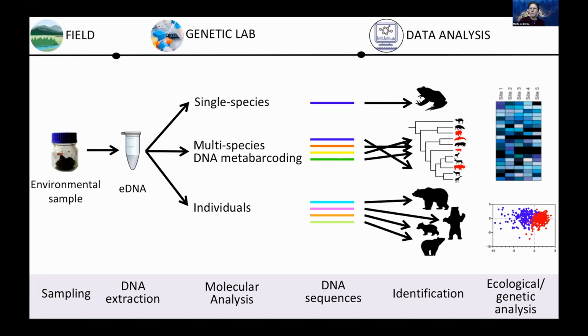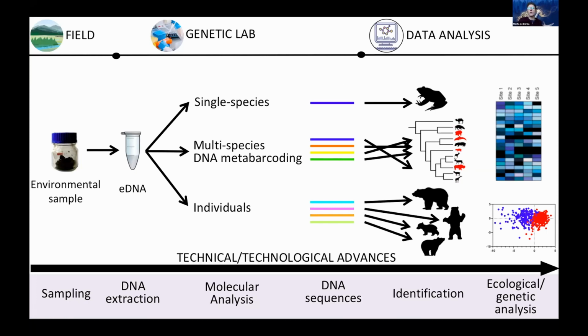So this workflow in general can look similar to other methods, but what made it possible to work with eDNA now is really the impressive technological revolution that occurred in the past 10, actually 15 or 20 years, that brought significant improvements at all these stages of the process.